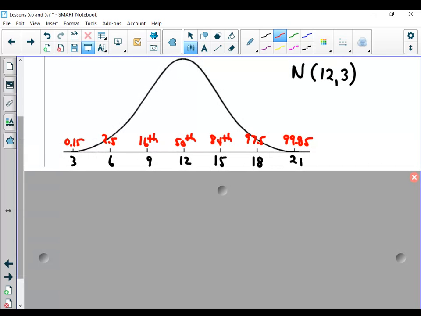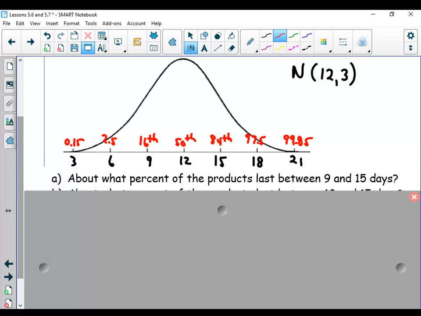All right, so here are maybe some questions that you'd be asked related to that. The first one wants to know what percent of the products last between 9 and 15 days. The numbers that I wrote in black, remember, represent the days. So what percent of those products last between the 9-day mark and the 15-day mark?